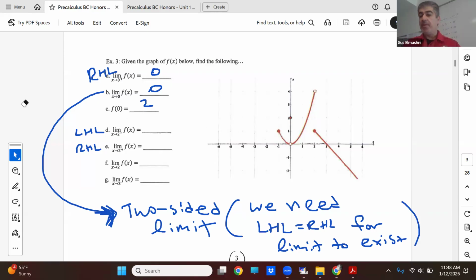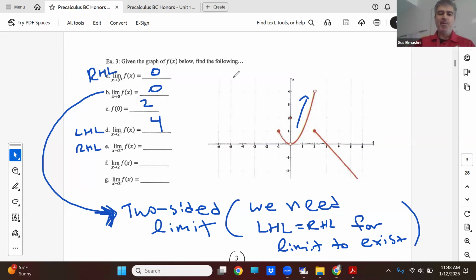Now, what if we approach 2 from the left side? What is it heading towards? 4. Now, do I know precisely? No. I know it's like 3.999999999.